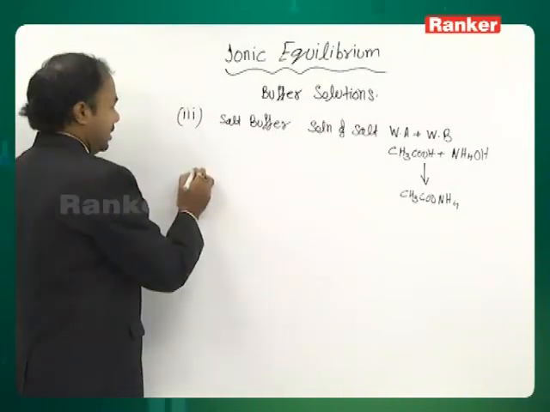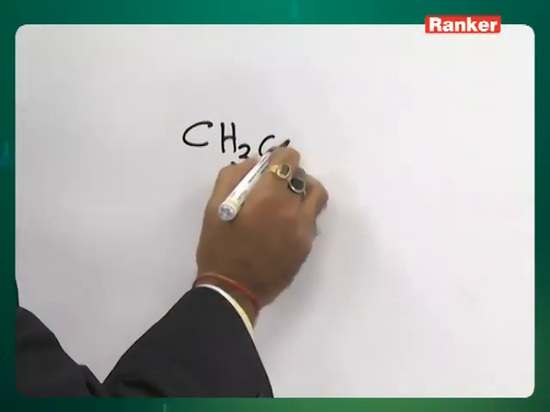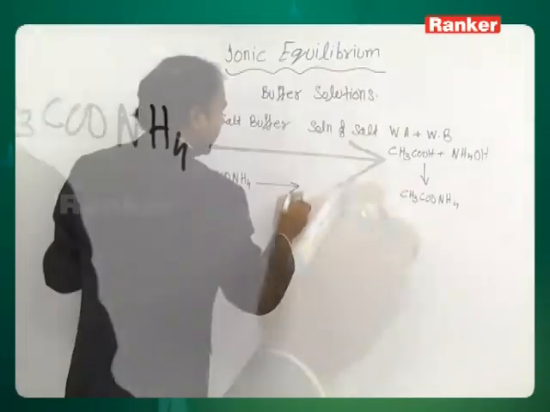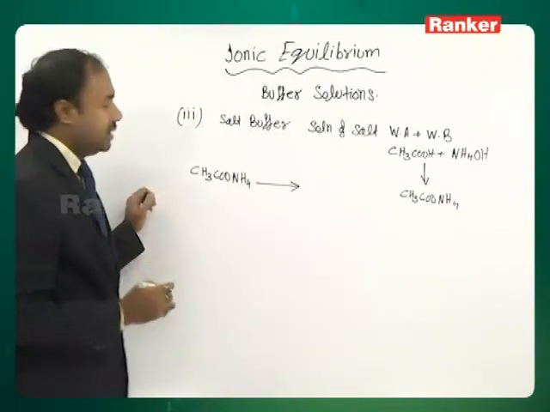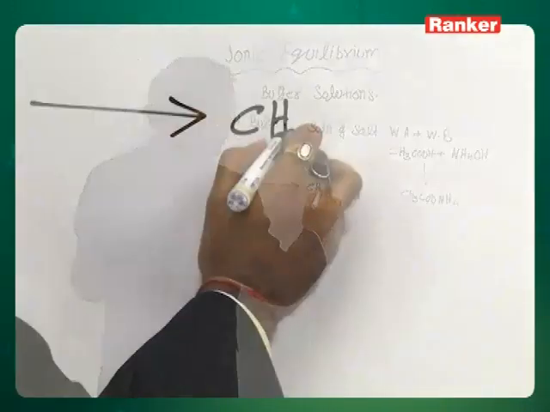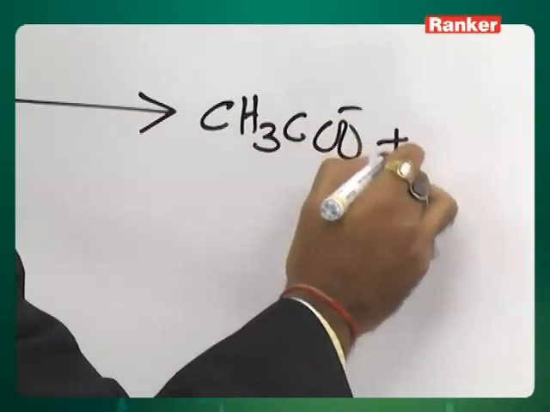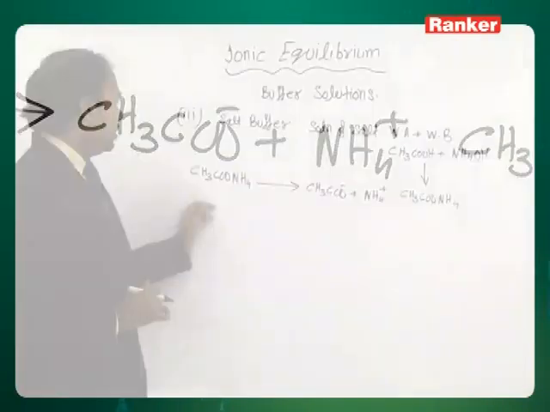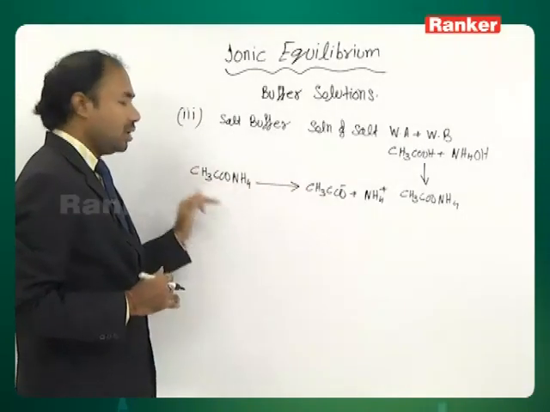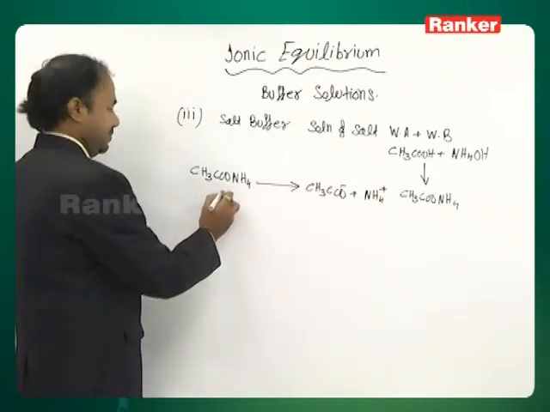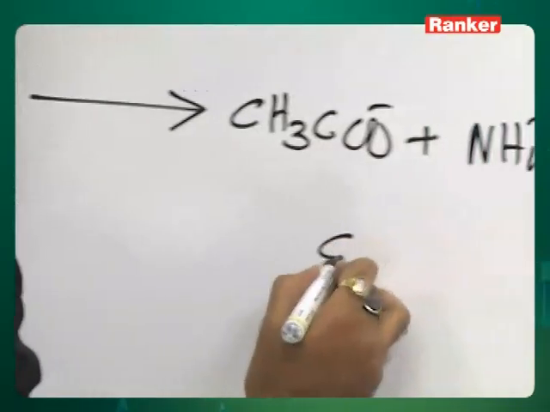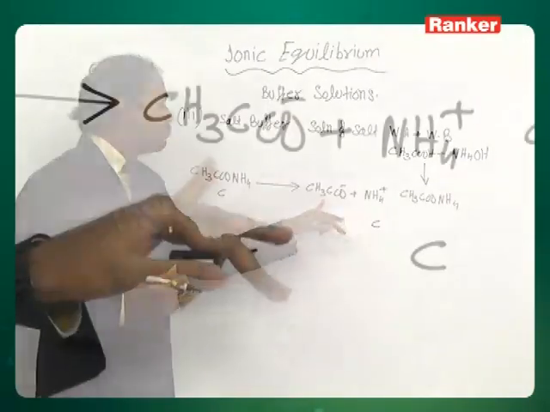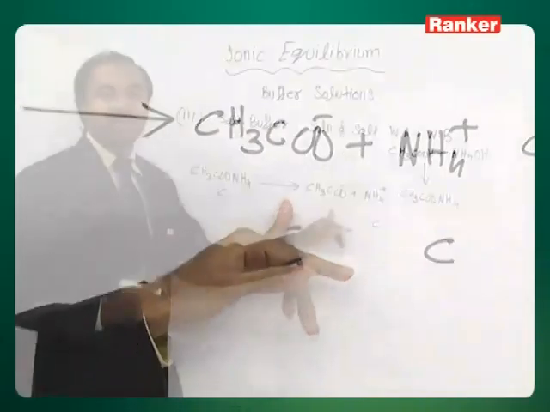See, ammonium acetate, CH3COONH4, we assume it undergoes 100% dissociation. So we get here acetate ion CH3COO minus plus ammonium ion. Now we assume concentration of the salt in the solution was C moles per liter. So this will be C and this also will be C. One thing you can understand here, that both the ions will undergo hydrolysis.